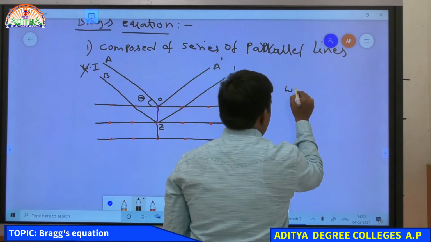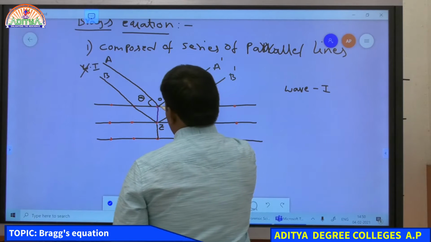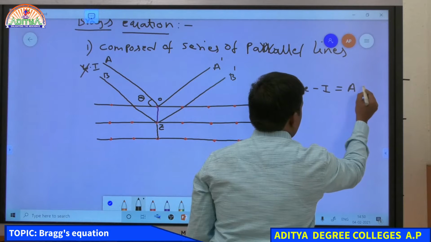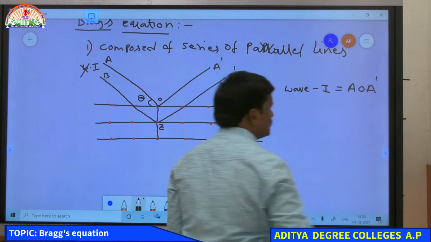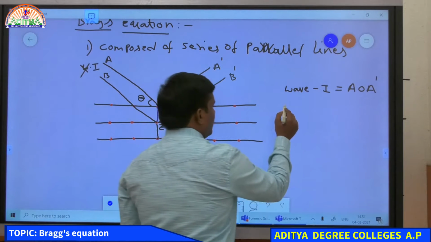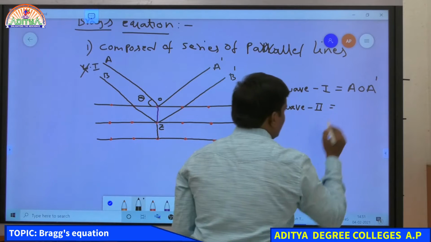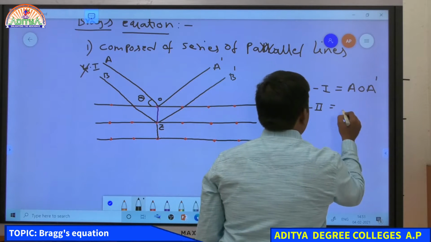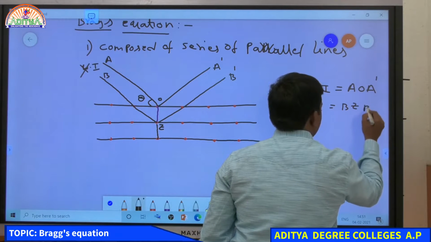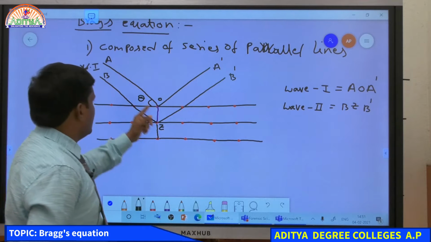Wave 1 is incident on the first layer and has a path length A, O, A dash. This is the path length of X-ray 1. Similarly, the second wave is incident on the second layer and has the path B, Z, B dash. This is the path length of X-ray 2. So this is wave 1 and this is wave 2.